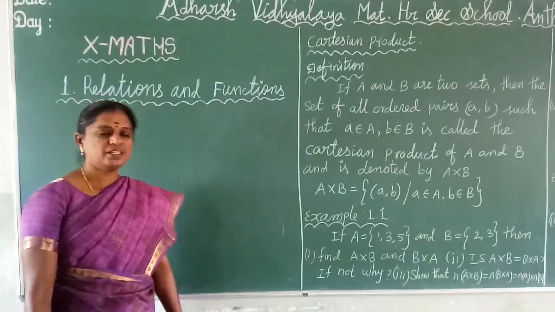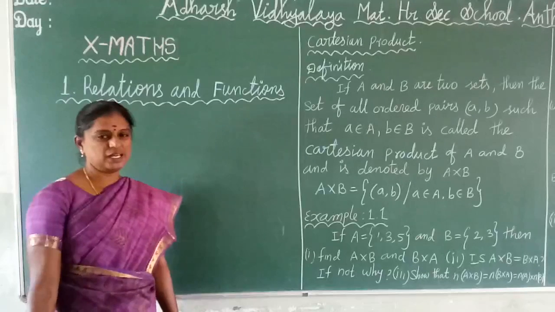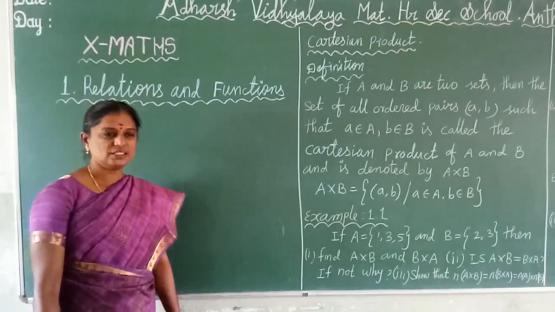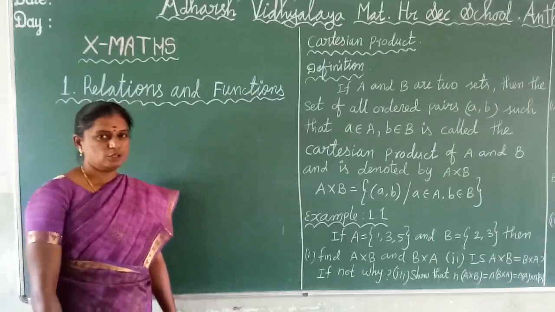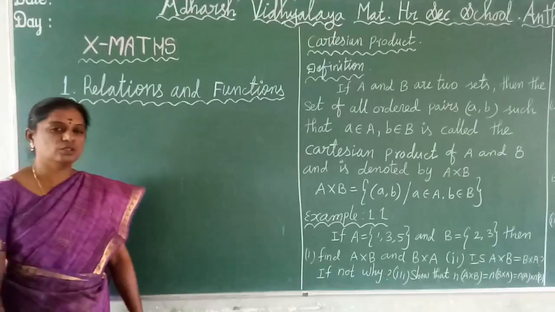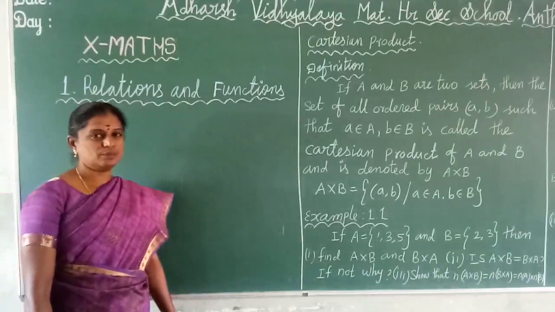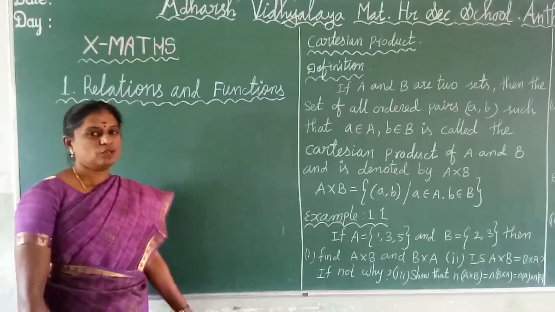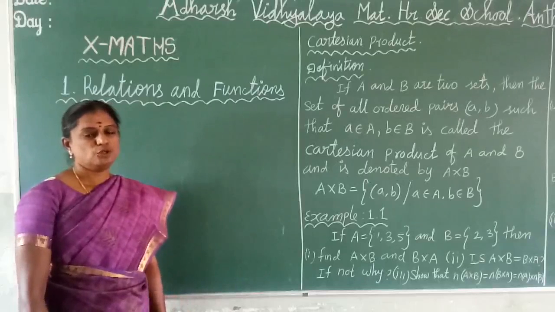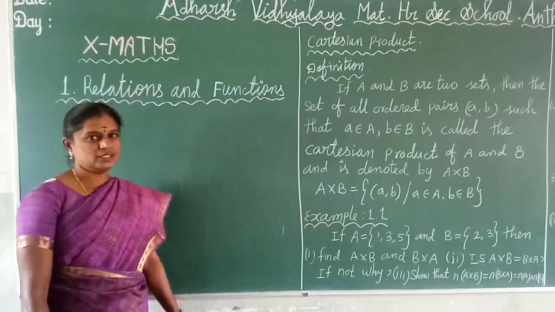You should write the question in black color and the answers in blue. If you need rough work, do it in pencil. Put the margin neatly and maintain the note properly, because this is very important. During exam time, you will want to see the note only, so maintain the note properly.